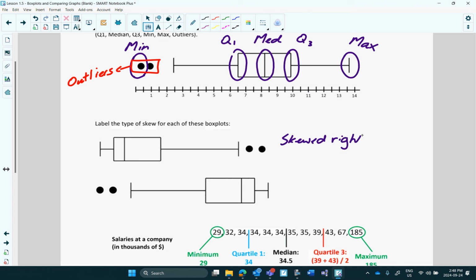And this one below it is skewed. If there's no outliers, it's going to look like that. If these aren't here, that would be the minimum.